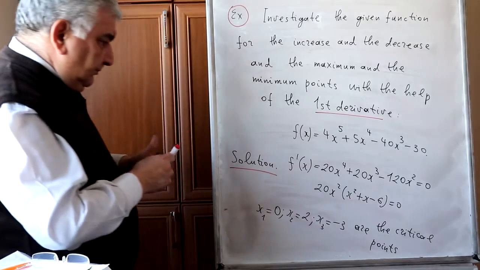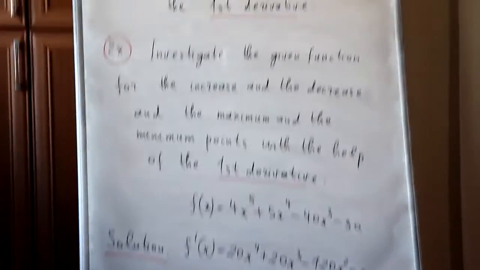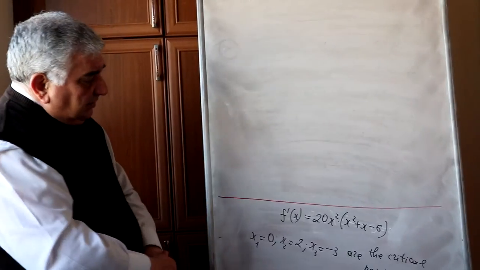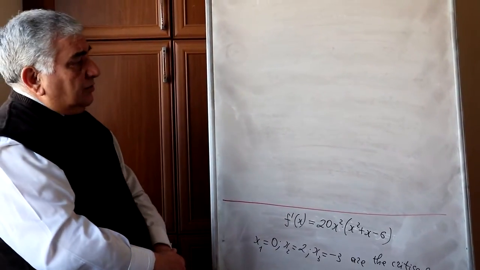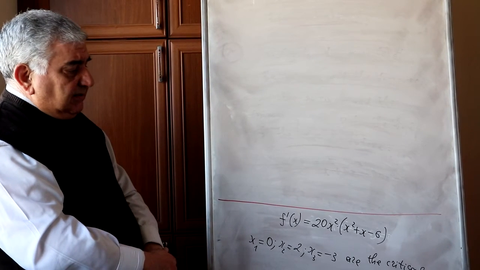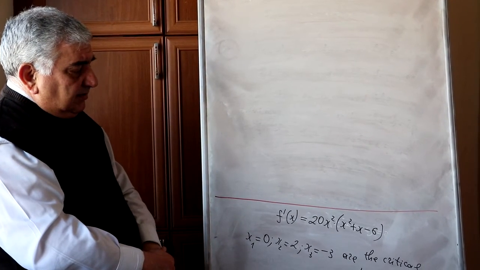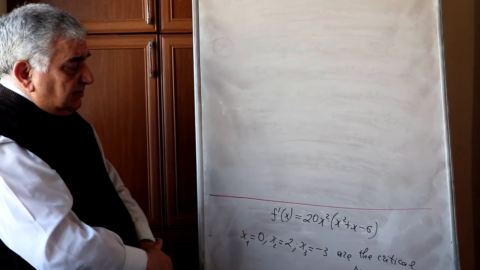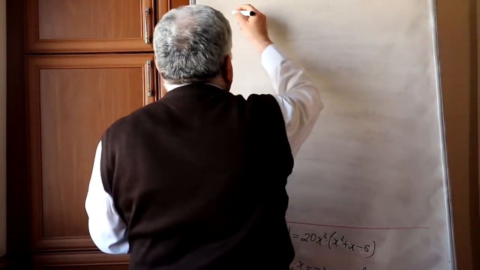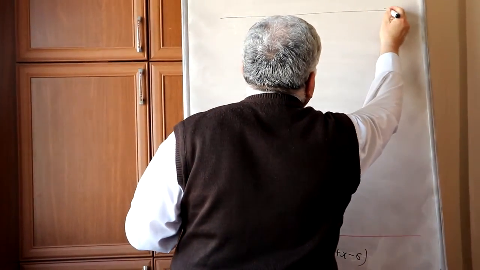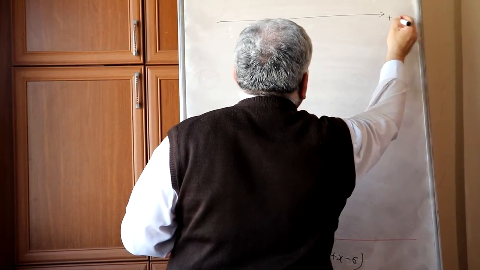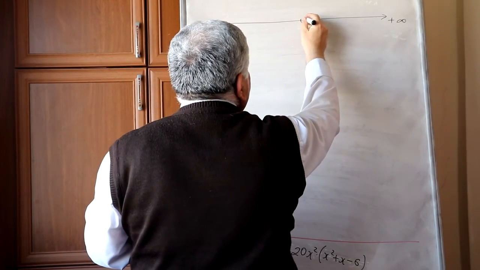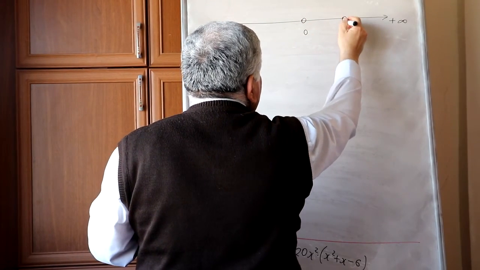Then continue. Now construct the real axis and mark the obtained critical points on this real axis: 0, 2, and -3.